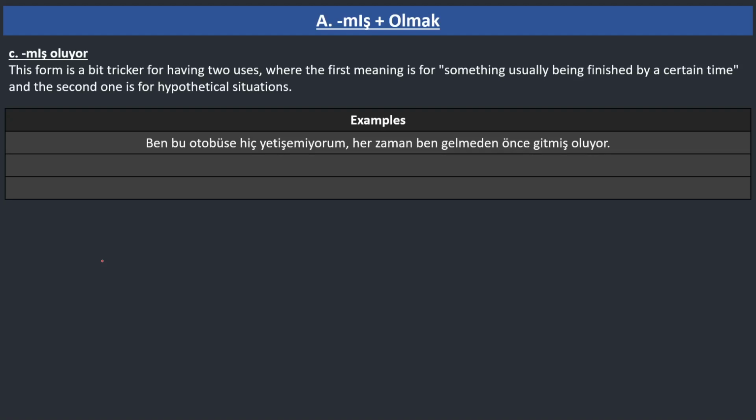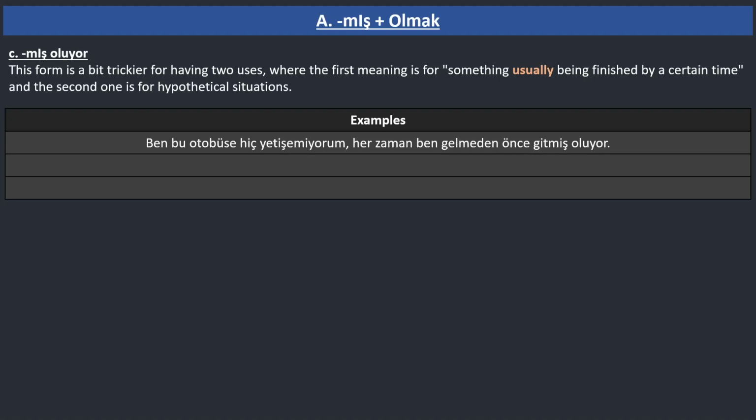So continuous tense is usually easy, but this time it's a bit trickier for having two usages. The first meaning is something usually. The key word here is usually. I will highlight it with an orange color.